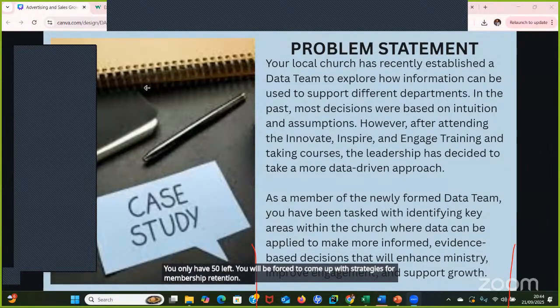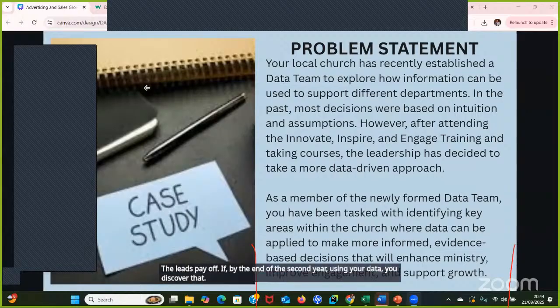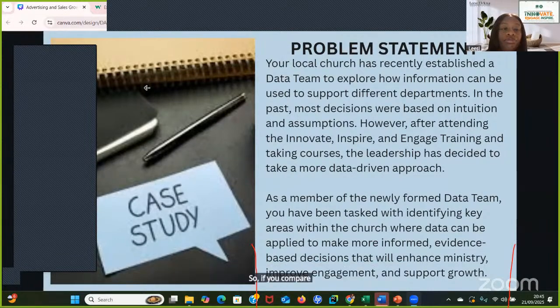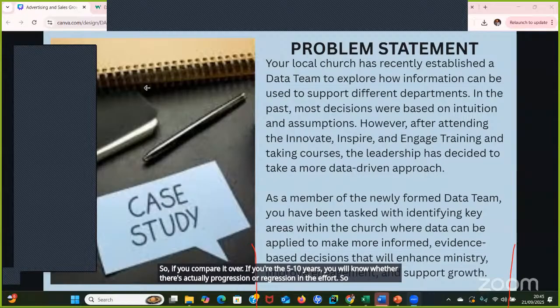Now, in this second year, you also do the same thing, and then you will compare this strategy we came up with. Did it pay off? If by the end of the second year, you are using your data, you discover that you now have 150 retention as against 50 in the previous year, it means there is improvement. So if you compare it over a period of 5-10 years, you will know whether there's actually progression or regression in the effort. So the data could be very, very important in this area and other areas.